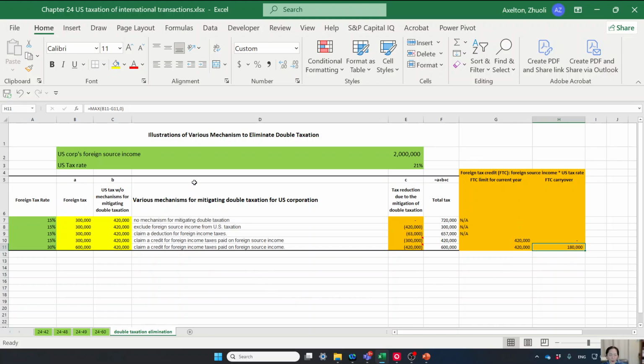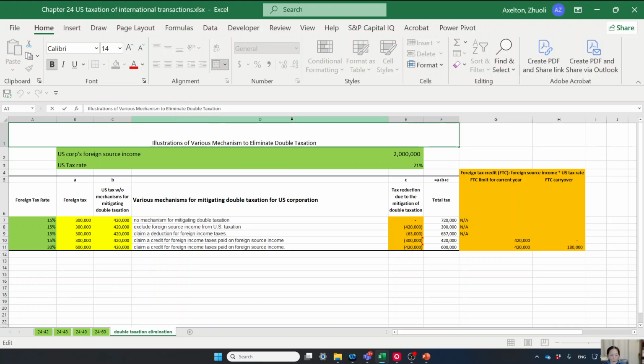So I think this quick worksheet illustrates how the foreign tax deduction, the exclusion of foreign source income, and the foreign tax credit work slightly differently in terms of how they mitigate. Maybe I should use the word mitigate, not eliminate, the double taxation.